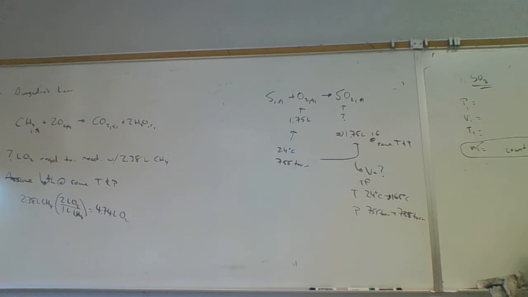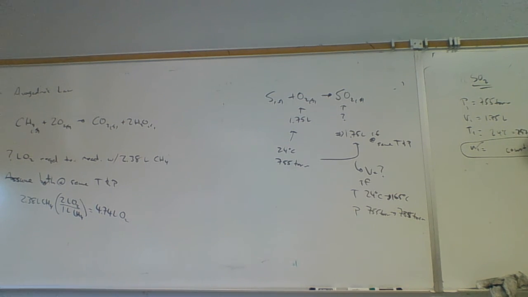All right, P1 is 755 torr. P2 is 785 torr. V1 is 1.75 liters of the SO2, and V2 is, we don't know. T1 is 24 degrees C. 24 degrees C plus 273 would be 297 Kelvin.